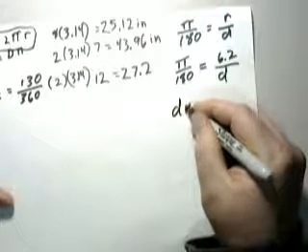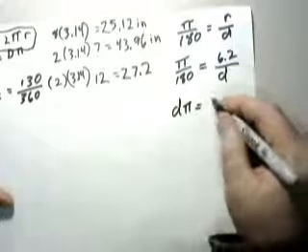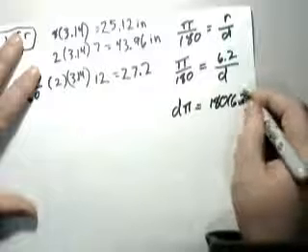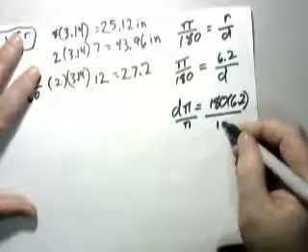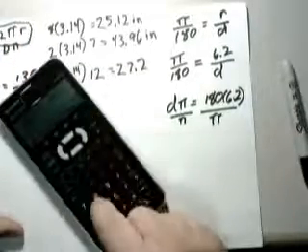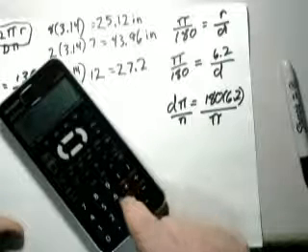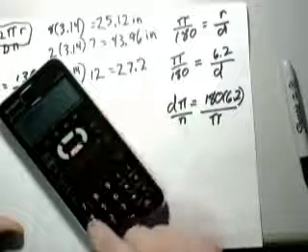So we cross multiply. Degrees times pi is equal to 180 times 6.2. Divide by pi, and we have in the numerator 180 times 6.2, and in the denominator 3.14.